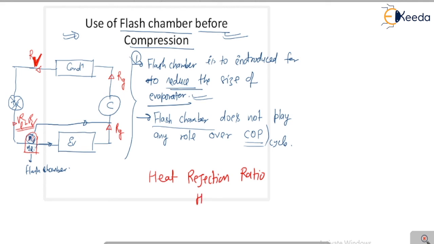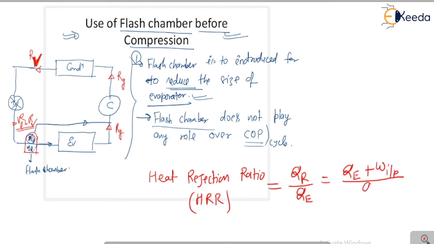That means HRR. What is the meaning of HRR? HRR is nothing but QR by QE, that is (QE plus W input) divided by QE.